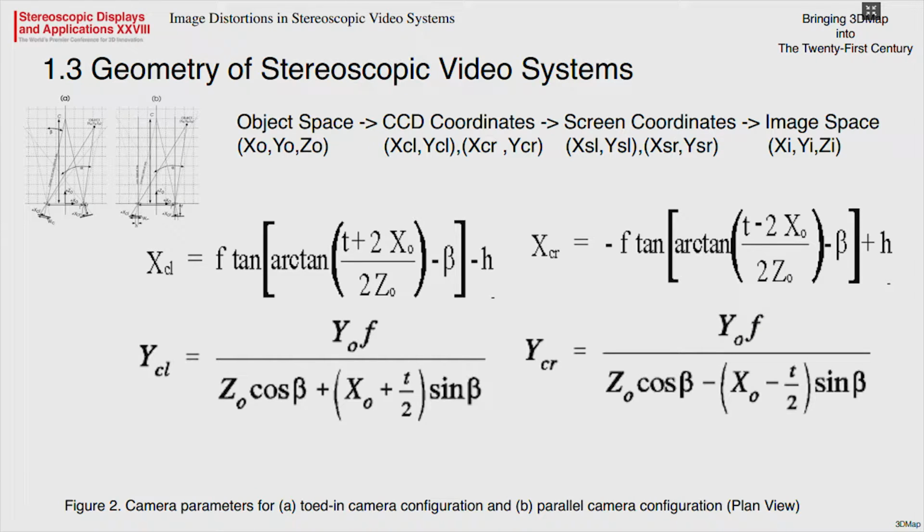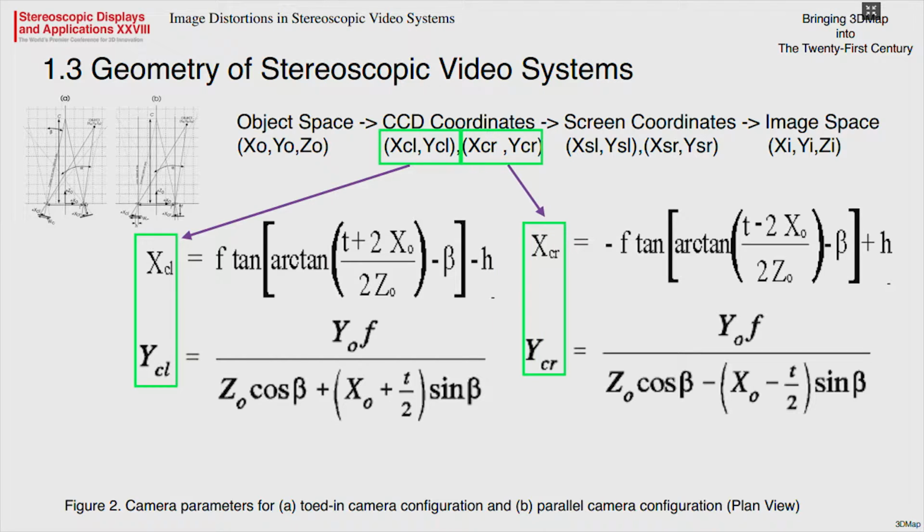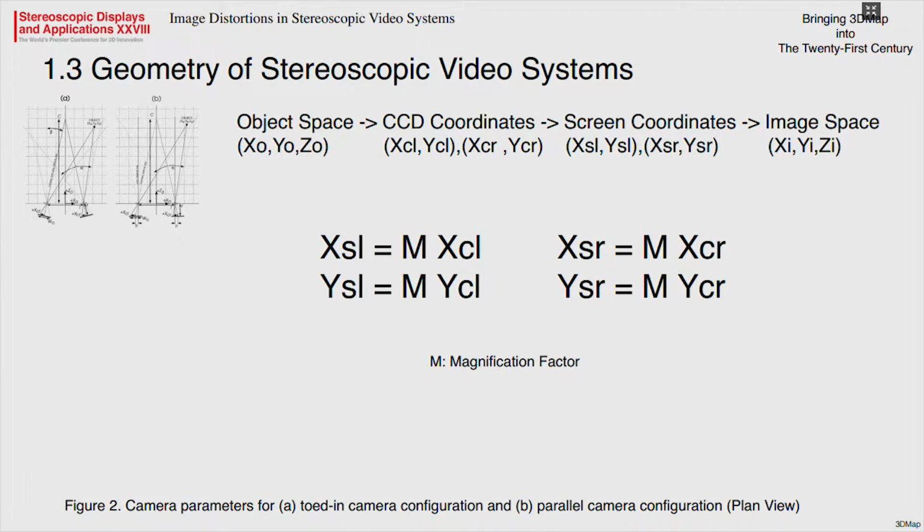And then there's a series of equations which are used to convert firstly from object space in front of the cameras to the coordinates on the imaging sensor of the camera. There's an X and Y for both of the imaging sensors, which is defined by that equation. Then there's another equation to convert from the imaging sensor coordinates to screen coordinates.